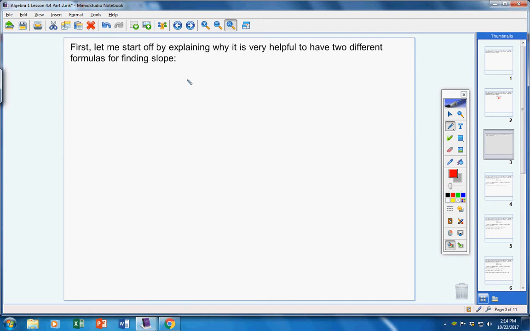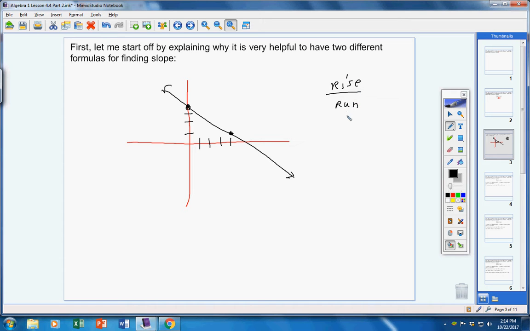First of all, if I have a line that is graphed like this one here, I can find the slope very quickly by using rise over run, which is the method we learned in your last video. Just quickly go up and straight over and count the spaces up.